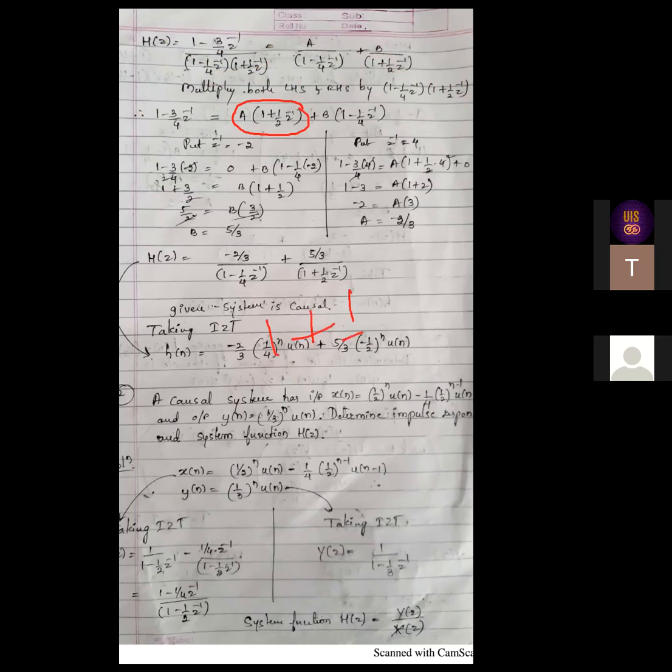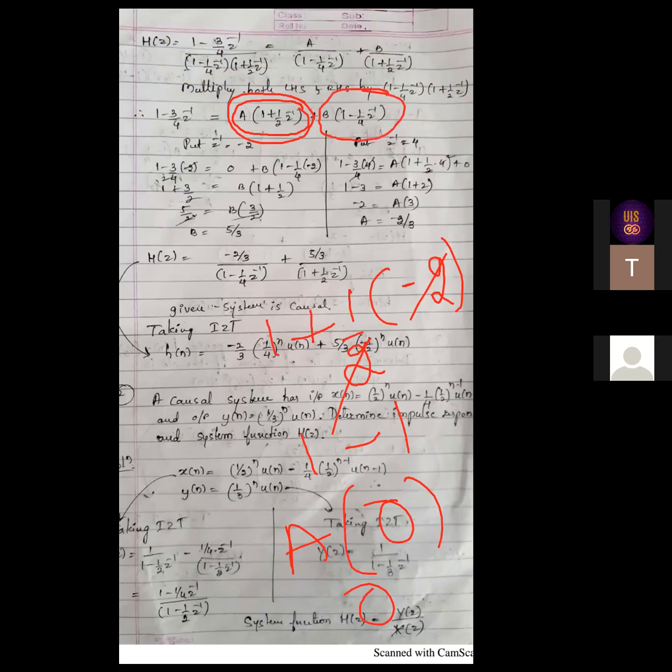1 plus 1 by 2 into minus 2. 2 gets cancelled, 1 minus 1, you will get 0 into a. So which is 0. So if I substitute z inverse is equal to minus 2, I will get a as 0. Check for b into bracket 1 minus 1 by 4 into minus 2.